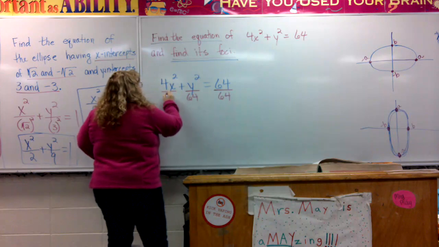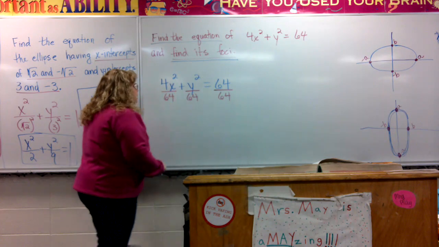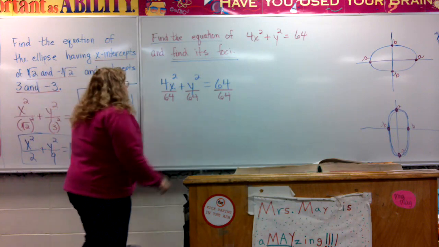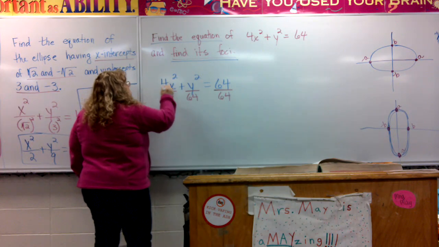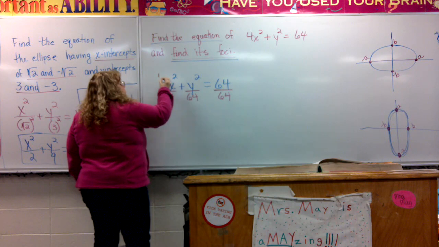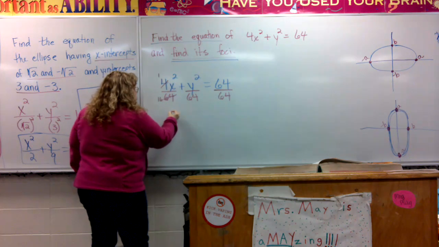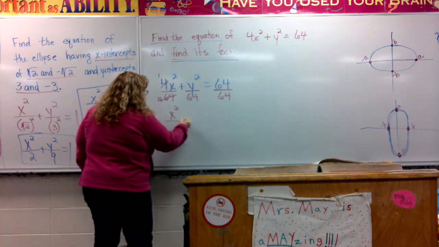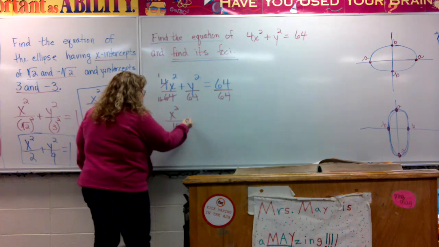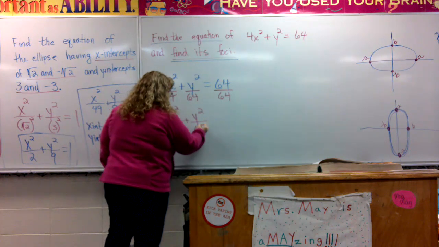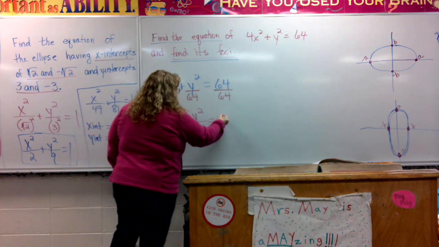And don't forget, you're going to have to divide everything, right? When you do that, you can reduce this, right? 4 goes in there, 4 goes in there. So won't I have x squared over 16, y squared over, equals 1?